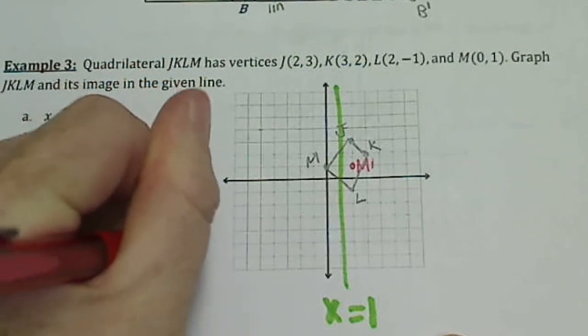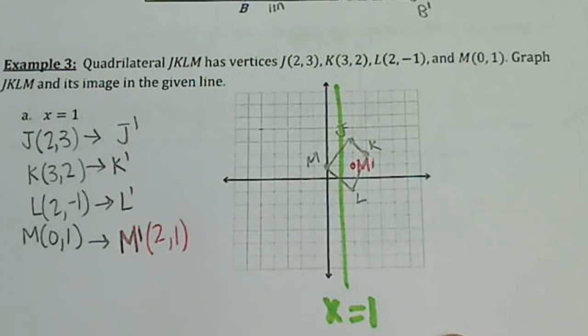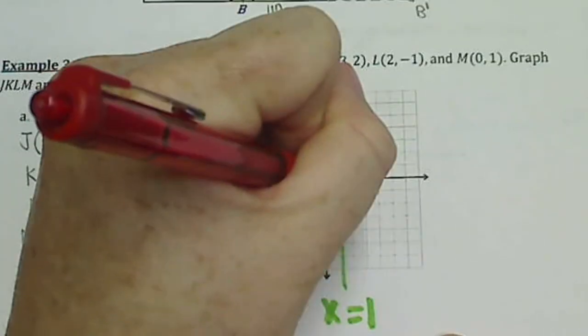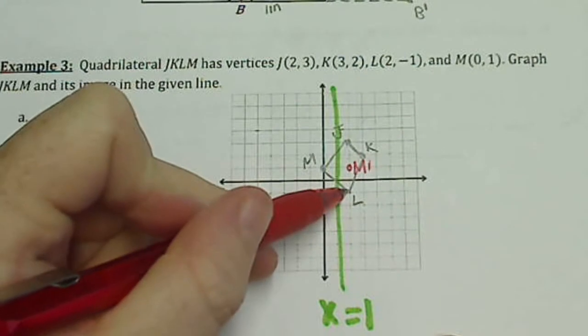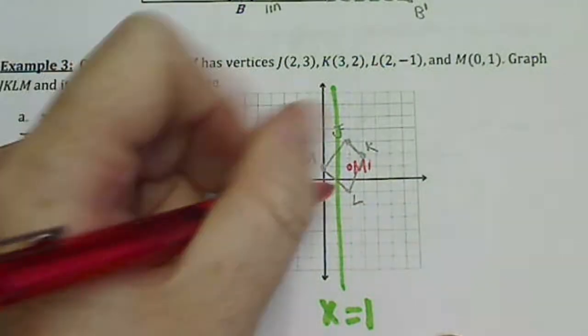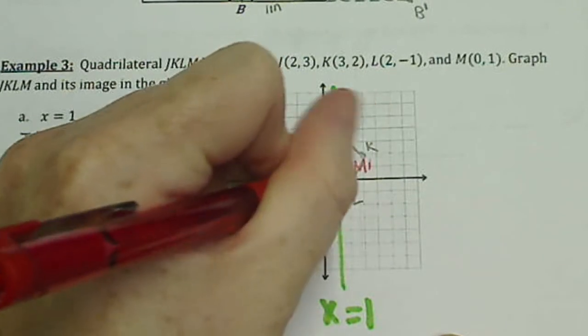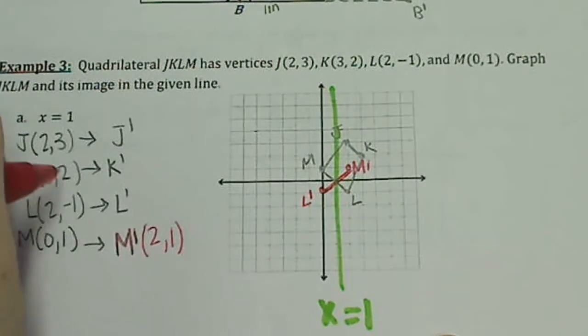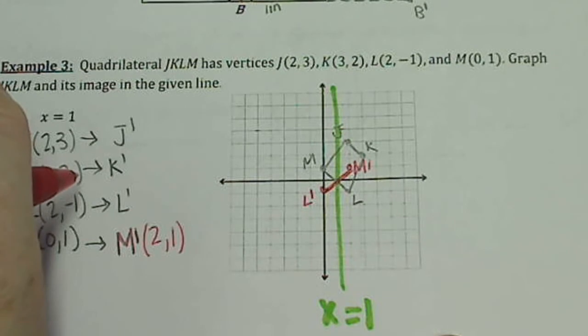That's the point (2, 1). Okay, let's do L. L is 1 unit away down here on the right, so if I reflect it, it's going to be 1 unit away on the left. So that's the point (0, -1).